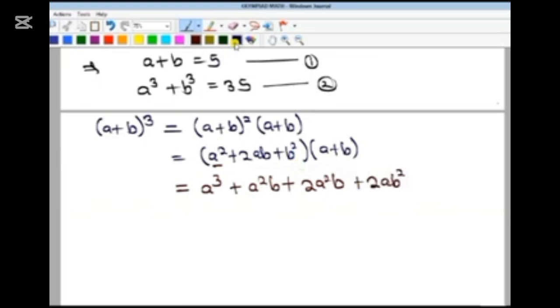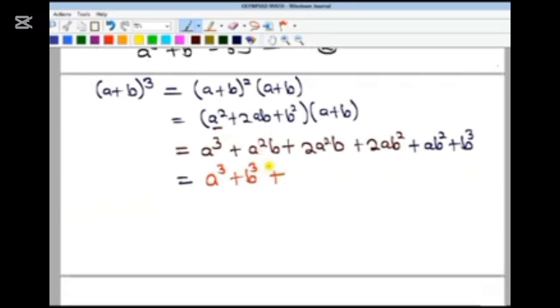Finally I will use b squared to multiply, which will give me ab squared, and then finally I will get b cube. So if I bring my a cube and b cube together, I will have this plus b cube. Of course, I will then collect like terms.